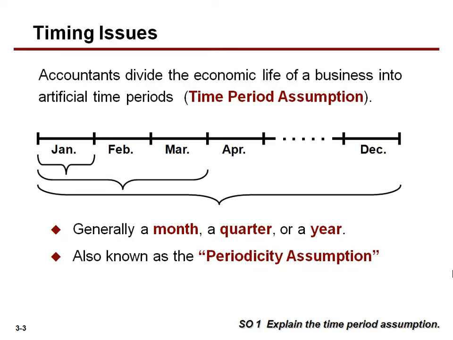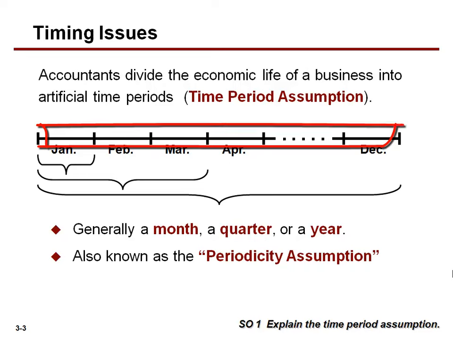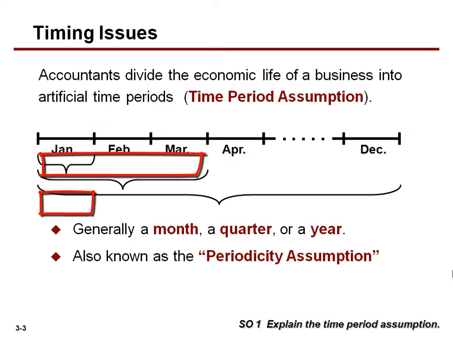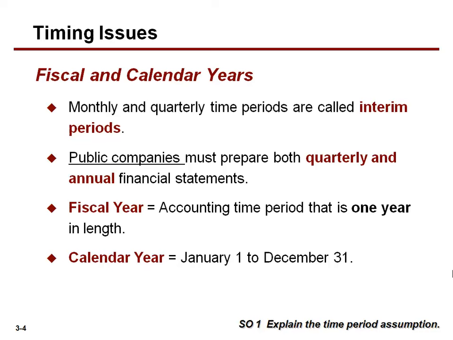Now, the smaller the time period involved, the more work involved to prepare financial statements, simply because it becomes more difficult to measure certain things that need recording the smaller the time period. Time periods less than a year are termed interim periods.